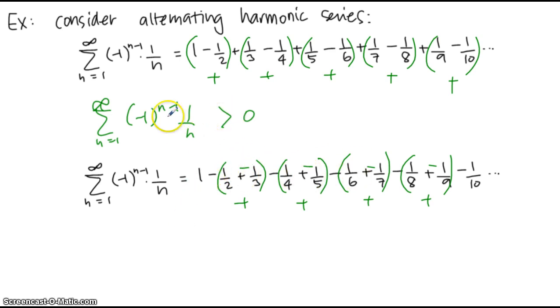So that also means, in this case, that this alternating harmonic series is definitely going to be less than 1, the first term. What does that mean? That means the sum actually does converge to a value between 0 and 1. So the alternating harmonic series is convergent.